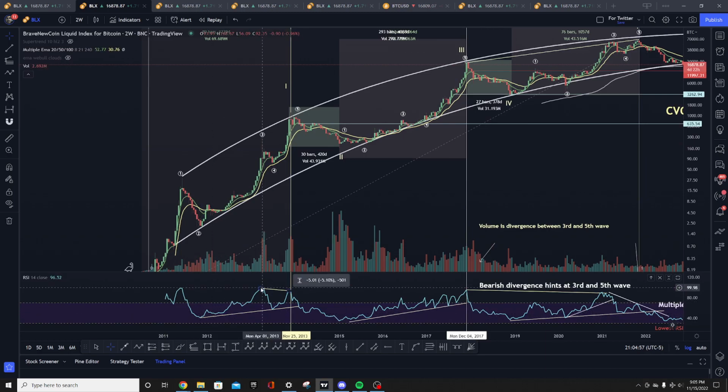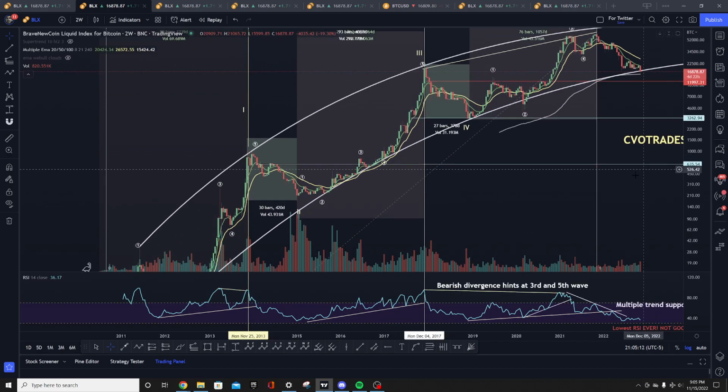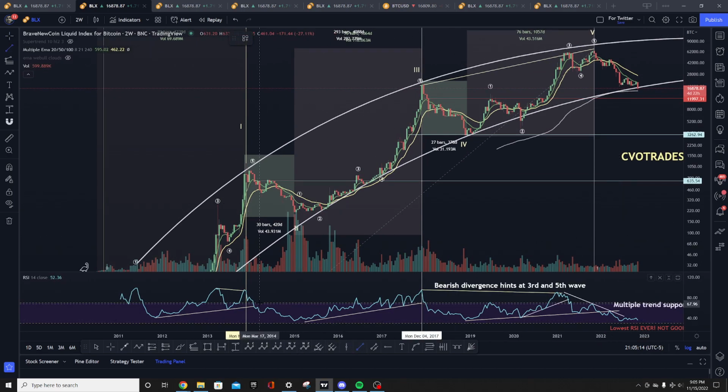Once this divergence was here, and then we broke support, a correction followed, to negative 85%. And then the new bull cycle didn't start until this was broken.